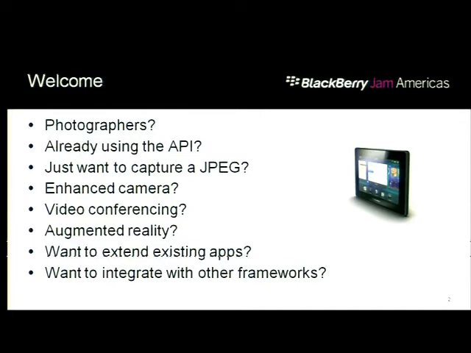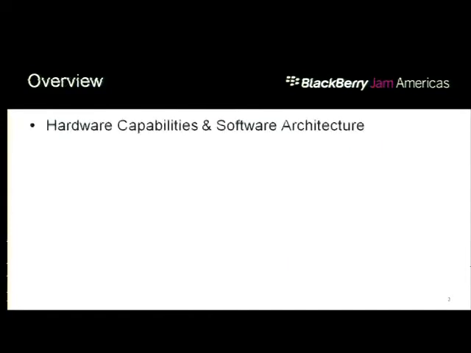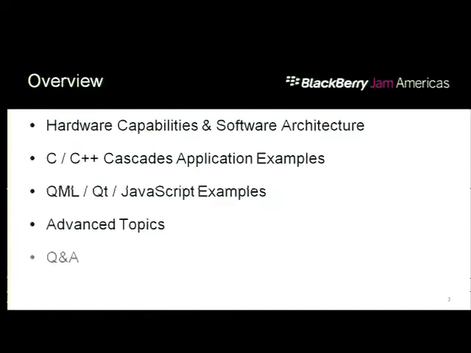So I'll just move on here. I'm going to do a bit of review from the last time I presented. We're going to talk about what the hardware is capable of, the devices you have, the PlayBook, the Dev Alpha A and B now. We're going to walk through quite a bit of code examples. I wrote 8 examples last week, going from simple stuff like just a viewfinder to advanced stuff like face detection and modifying the image buffers, filtering, things like that.